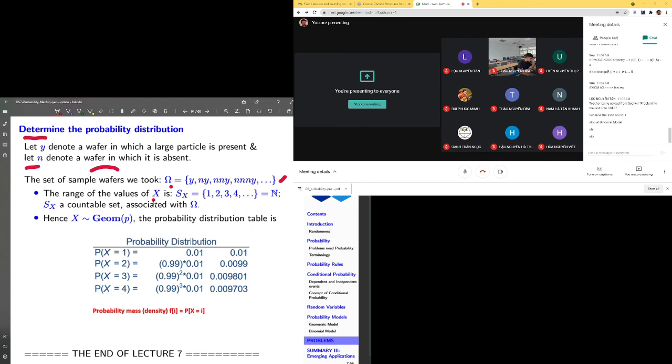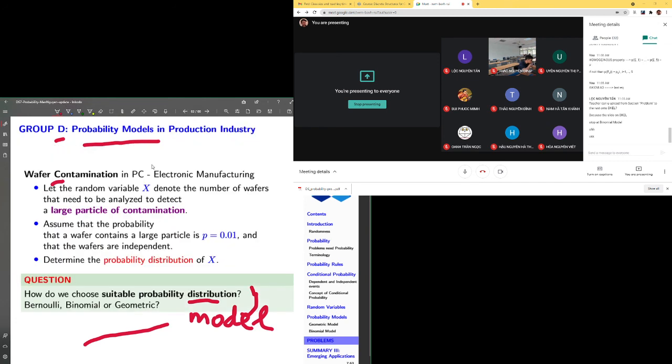The problem is in semiconductor manufacturing. The concept we call wafer contamination in personal computers. When you produce components for the electronic industry, you define capital X to be the number of wafers, like the main board of a computer, we need to analyze to detect particles of contamination.